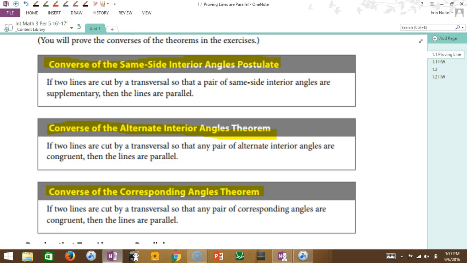So, the converse of the same side interior angles statement is, if the same side interior angles are supplementary, then the lines are parallel. Exactly. Yes.